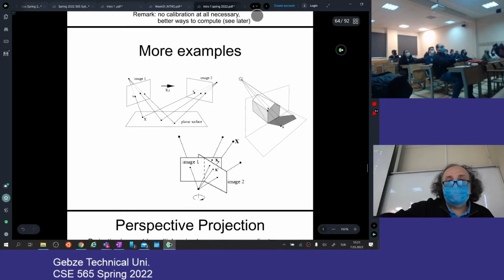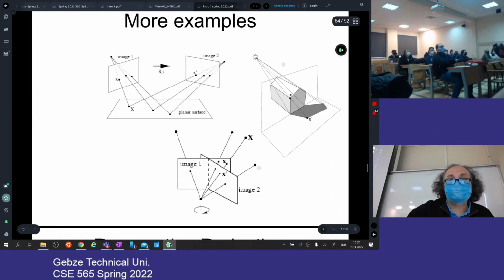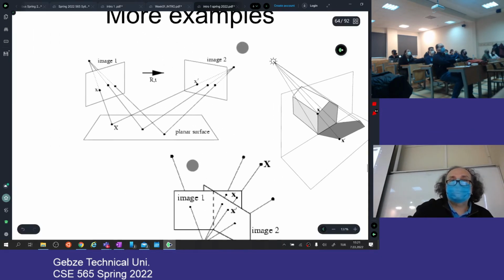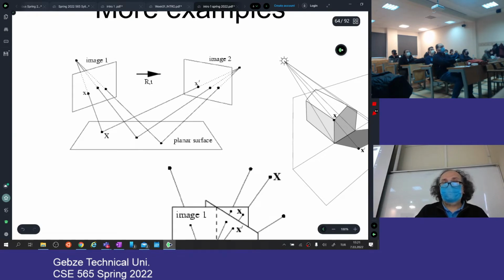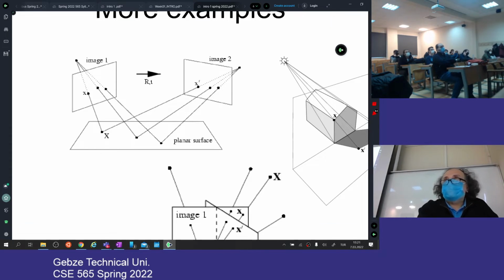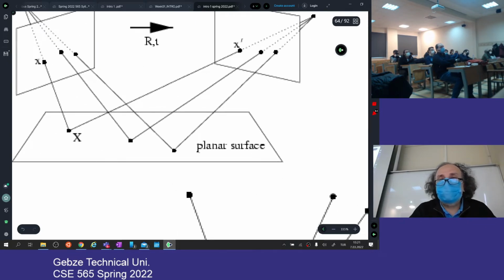Another example is this one. This is a camera that takes the picture of this plane in the real world. Let's say this is a soccer field.